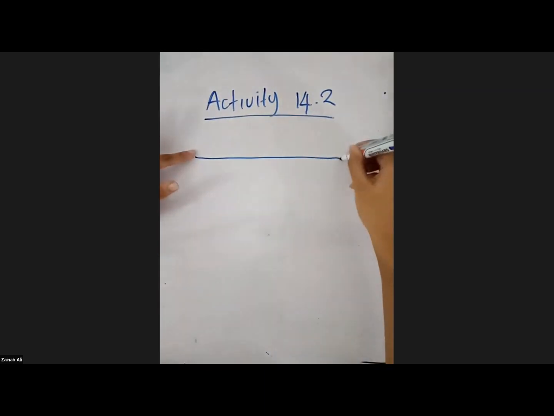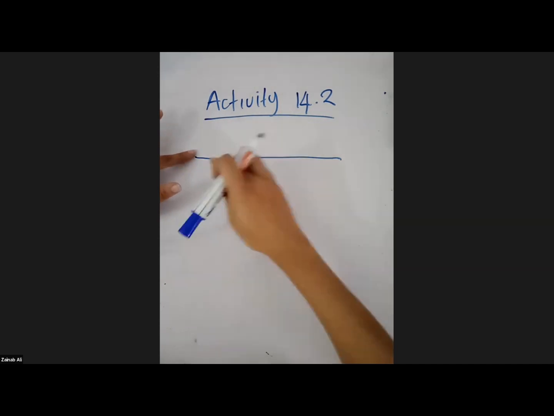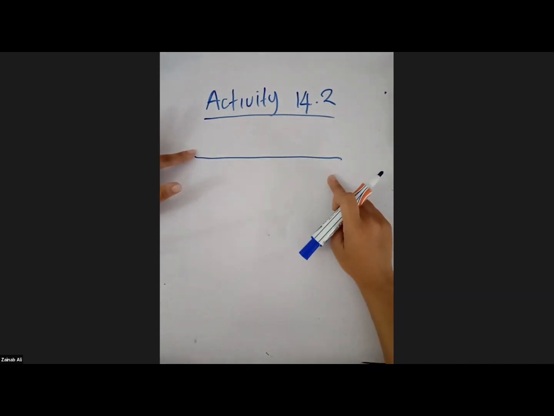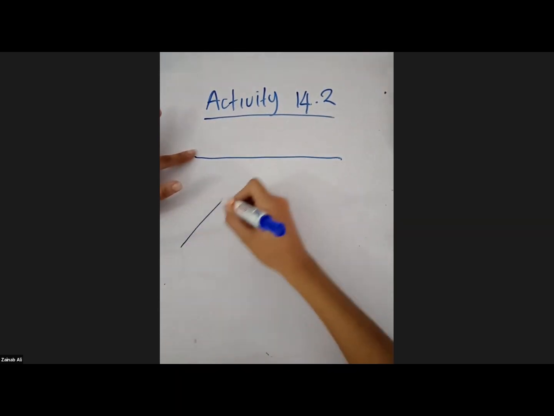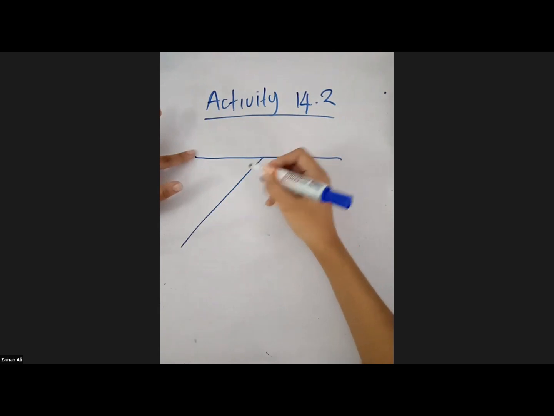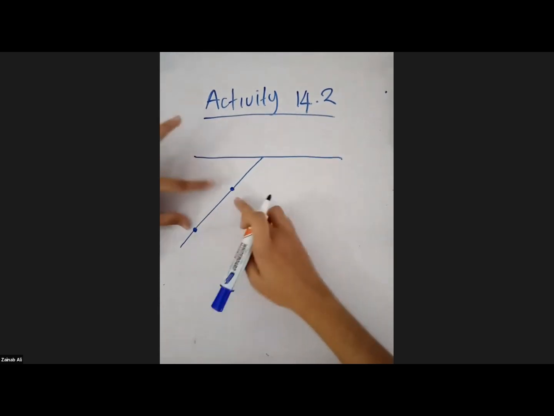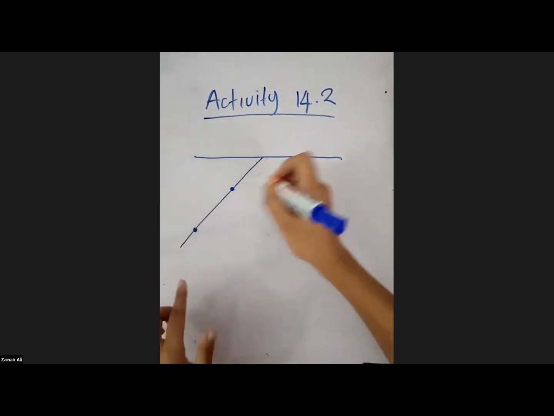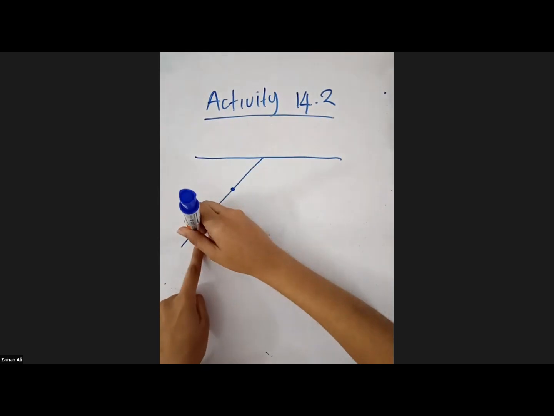Take a plane mirror and keep it like this. Then draw a straight line, just a normal straight line, and make sure to place 2 pins a little further away from this.